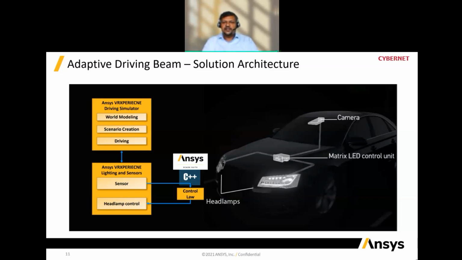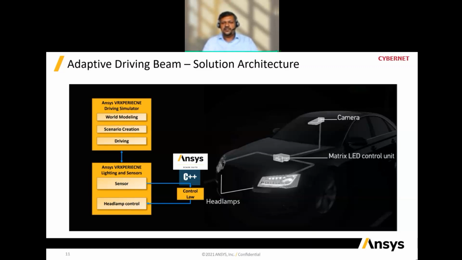I should detect that and switch off the LEDs which are illuminating in that direction as a high beam, so that I don't put a glare on the oncoming vehicle driver's eye. That's something the camera should recognize, make a decision, send it back to the LEDs or the headlamp, and then we can experience whether it is able to make a detection quickly, and switch on or switch off.